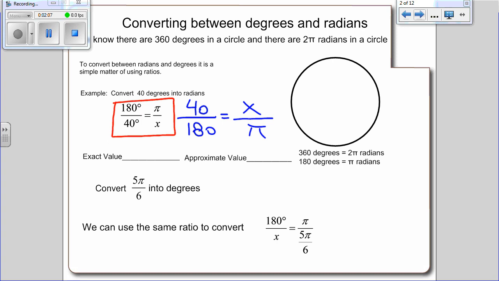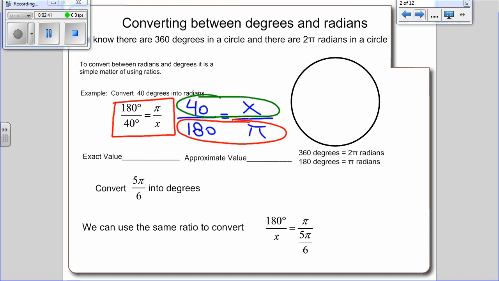The numbers that go on the top here, those are the numbers you either want to convert or want to find. And the numbers that go on the bottom are always the exact same thing. They're pi and 180. The reason you can do that is you're just setting up a ratio, where you're saying 40 over 180 should be the exact same ratio as whatever the radians is over pi, because 180 and pi are the same measurement on an actual circle.